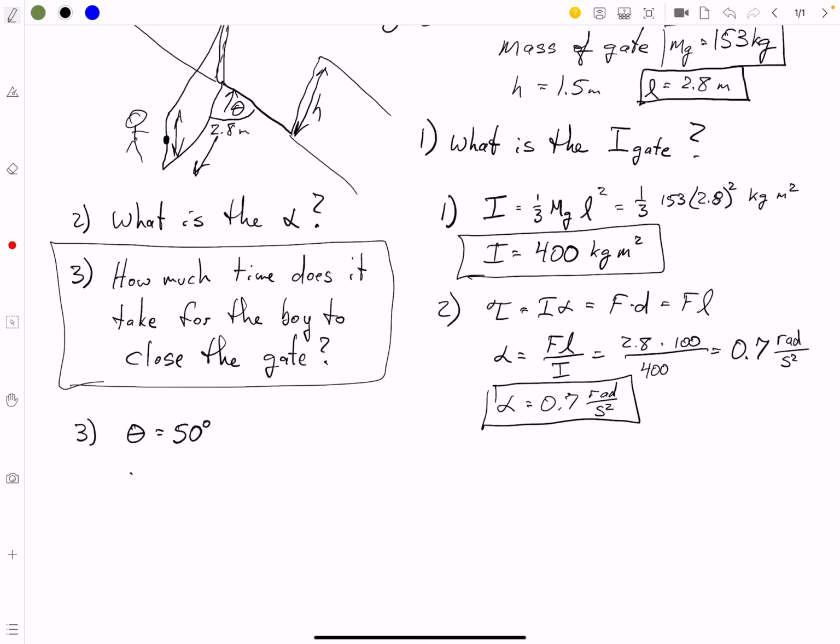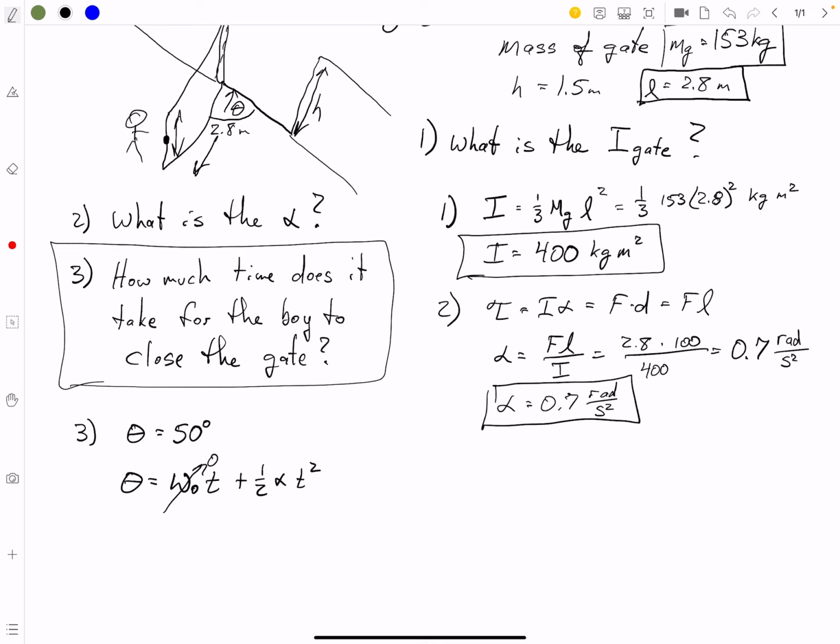Well, we can use this equation. Theta equals omega naught times t. And if we add 1/2 alpha t squared, then we'll have theta. Okay, so we know what theta is. It's 50 degrees. What is omega naught? Well, that gate is not moving at first. So omega naught equals 0.